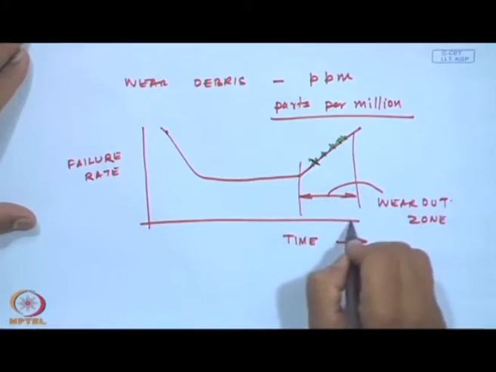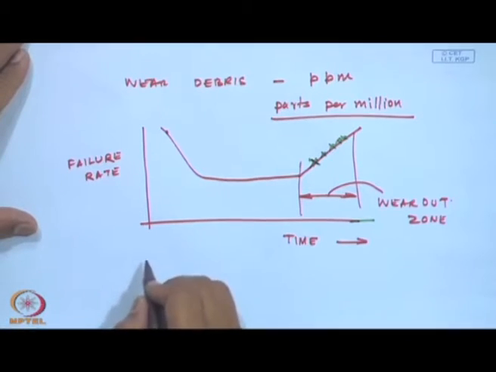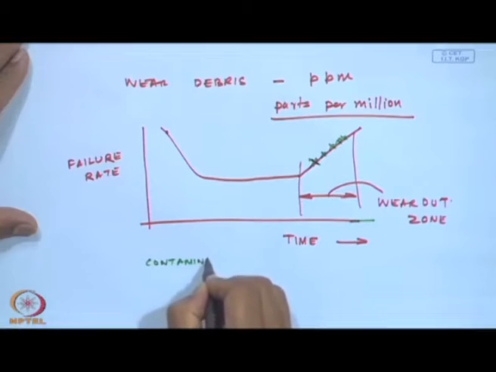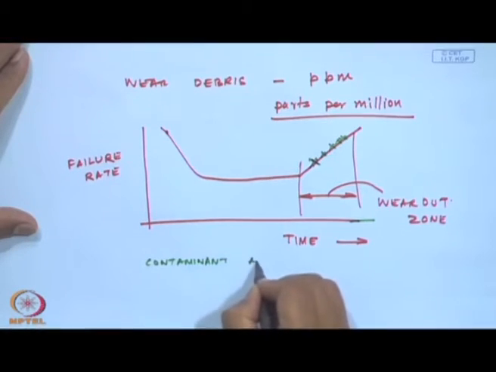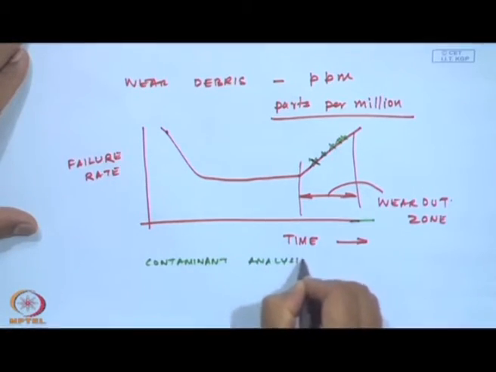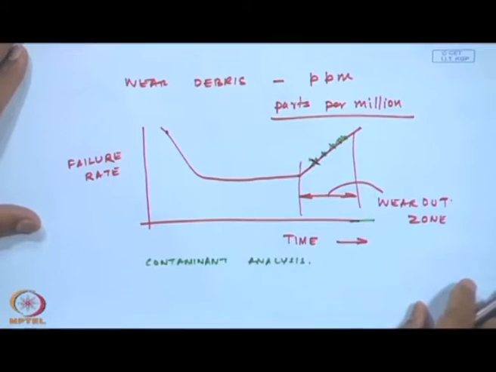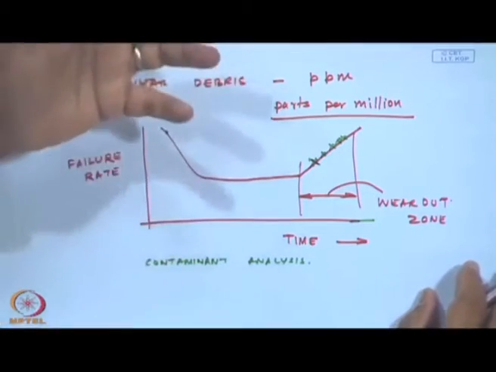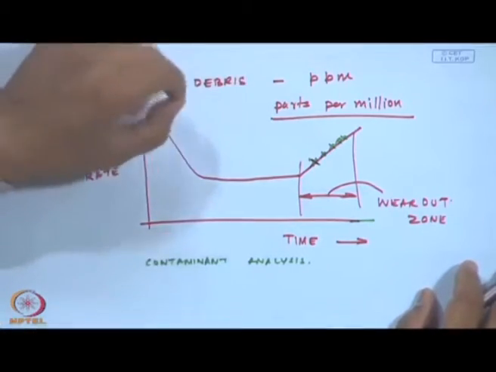Okay. So, in the laboratory where you do the contaminant analysis, by the way, this contaminant analysis cannot be done in situ, that means next to the machine. Like when you have vibration monitoring, you just put a vibration transducer next to the machine, record the signal, do an analysis and tell where the fault is.